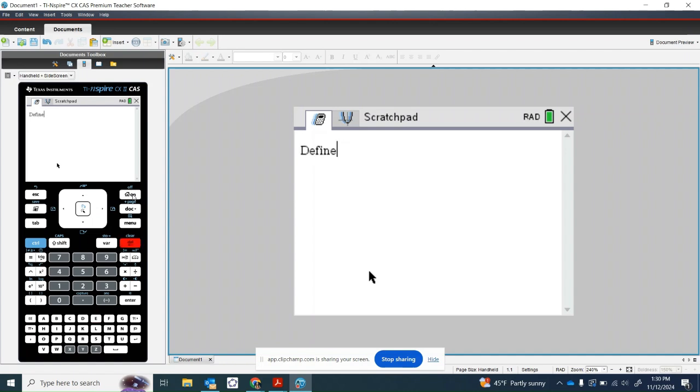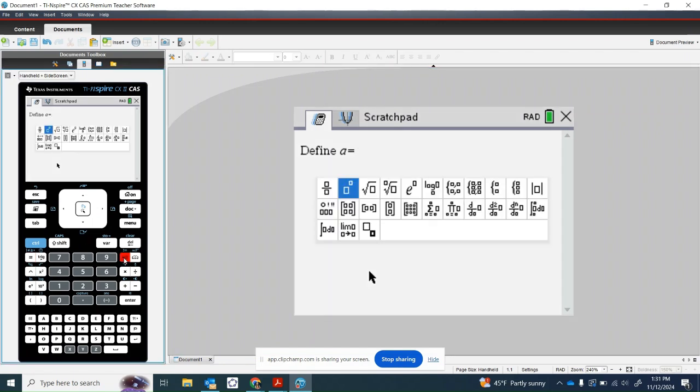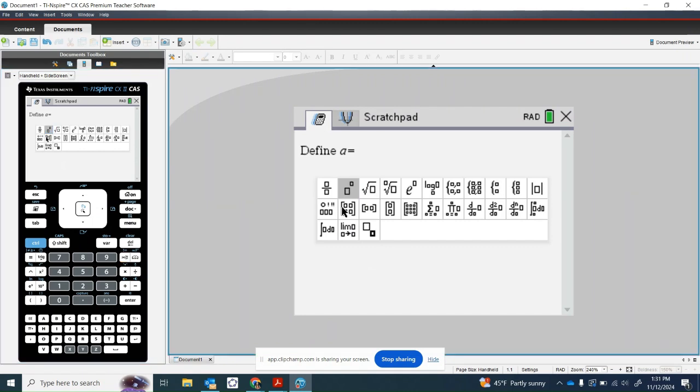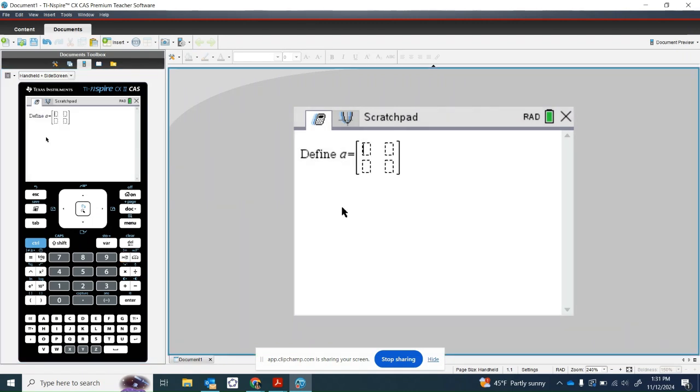So I'm going to define matrix A. Define A equals, all right, the matrix that is under this guy, because I'm just going to have 2 by 2 matrices for starters. So this guy, so 2, 3, -1, and 4.